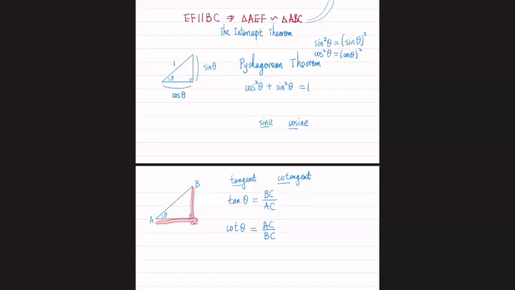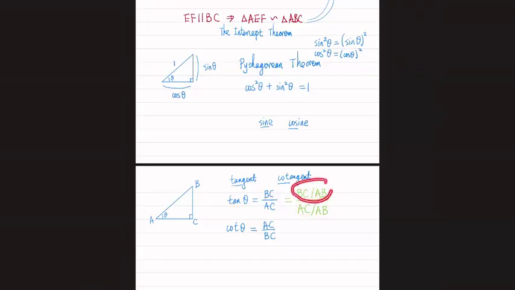And the connection of the two: if we divide both numerator and denominator by AB, we get BC over AB and AC over AB. We divide the numerator and denominator by the same factor, so the ratio should be the same.